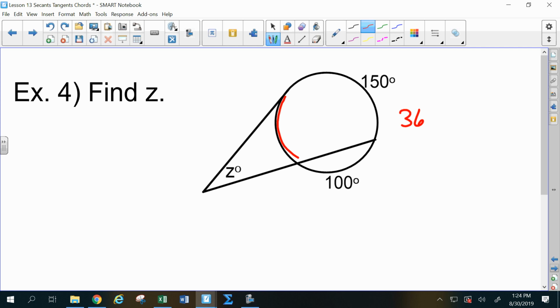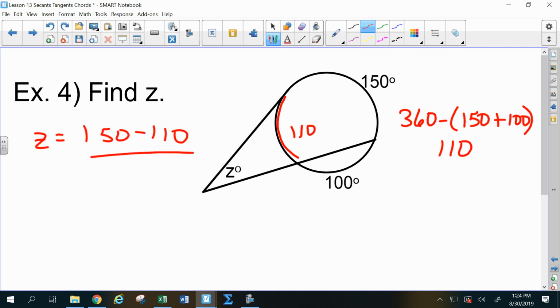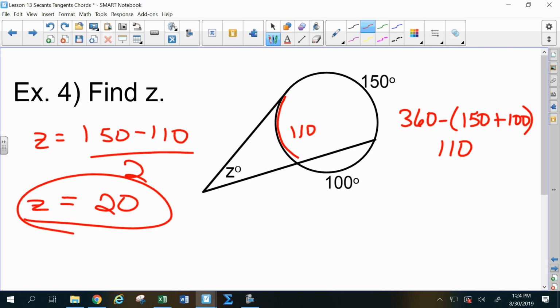So 360 minus the 250 that we already know. So 360 minus 250 is how much? 110. So z will be (150 minus 110) over 2, which gives us 20. So, are we good with the ones that are angles before we move over to the last couple of examples with segments?